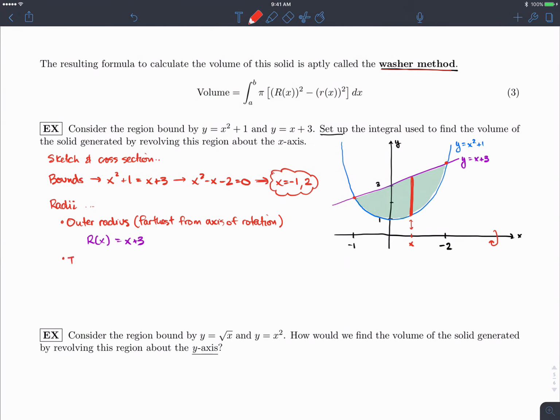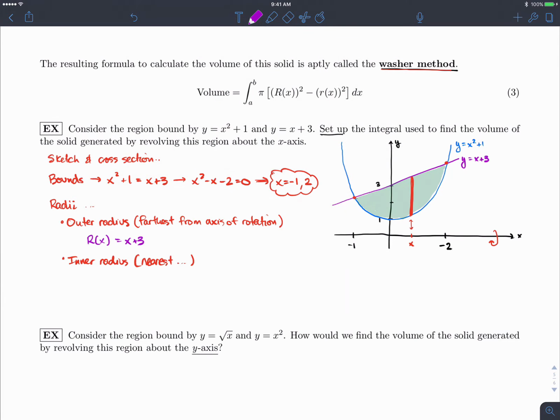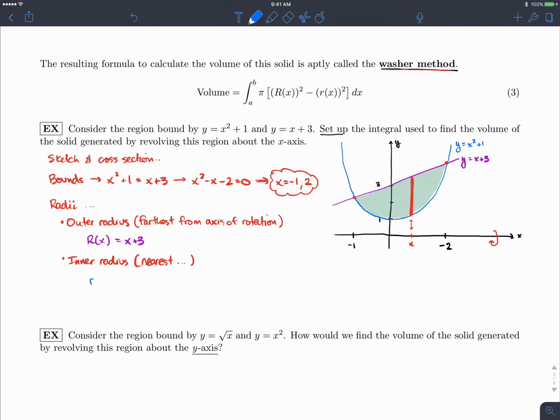And our inner radius is going to be nearest the axis of rotation. On this interval, the curve closest to the axis of rotation is the x squared plus 1. So here our inner radius would be little r of x equals x squared plus 1.